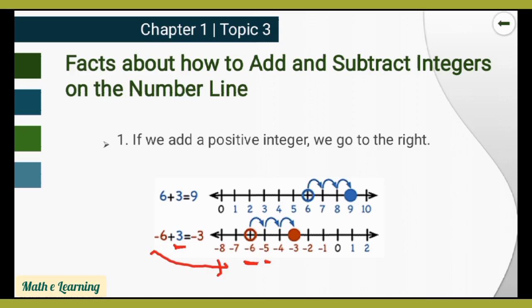By moving 3 steps right, we reach minus 3 on the number line. So you can use the number line this way to add a positive integer, and for that we need to move to the right of 0.